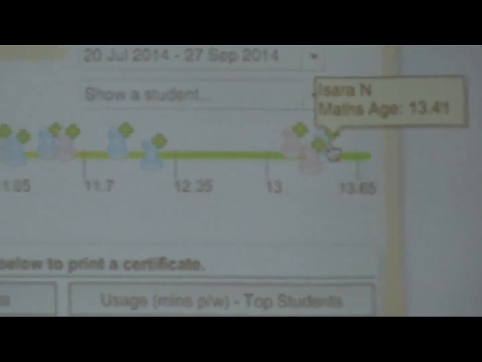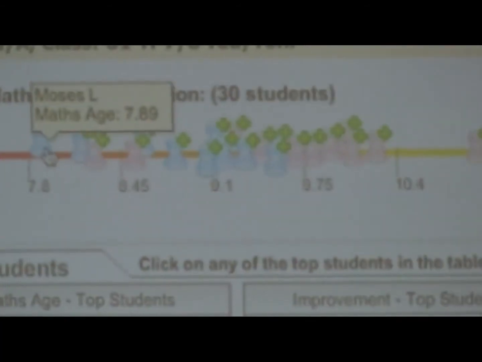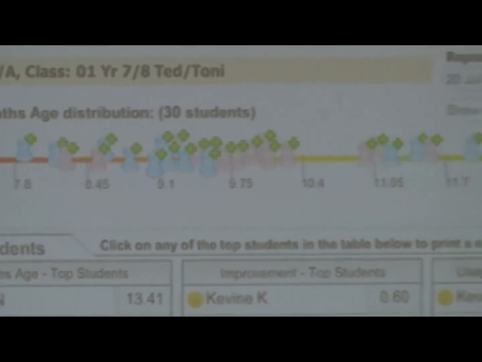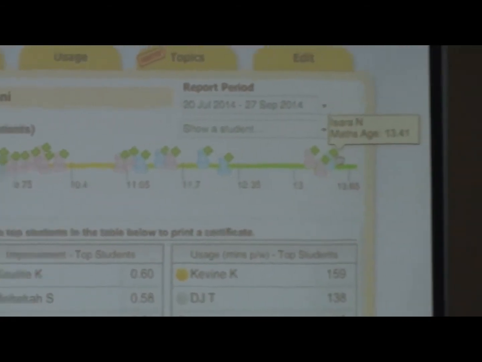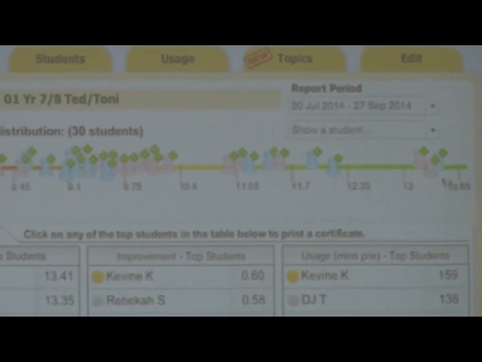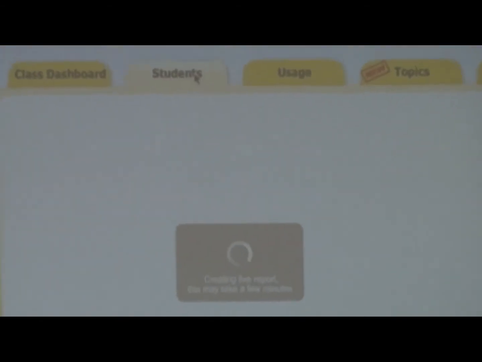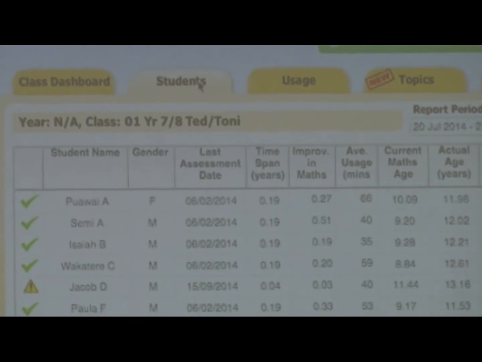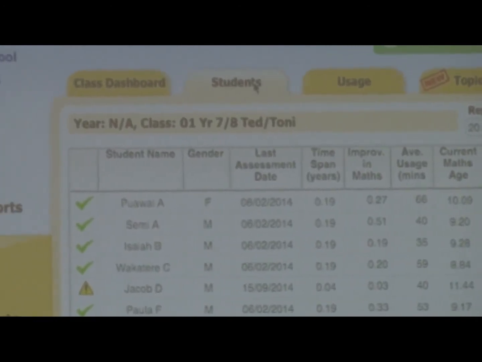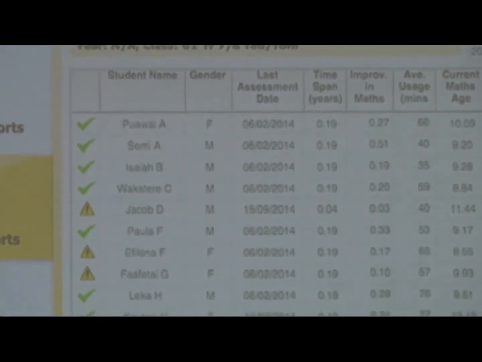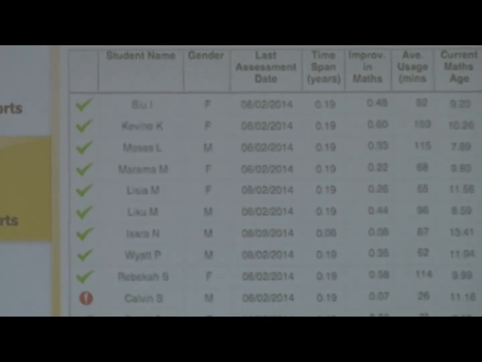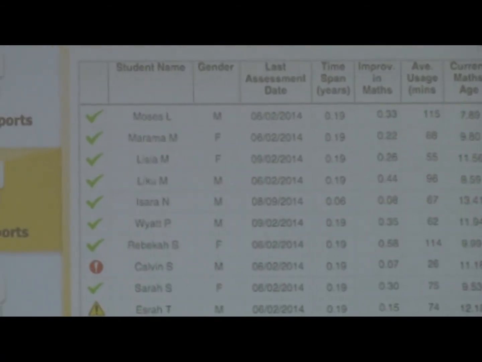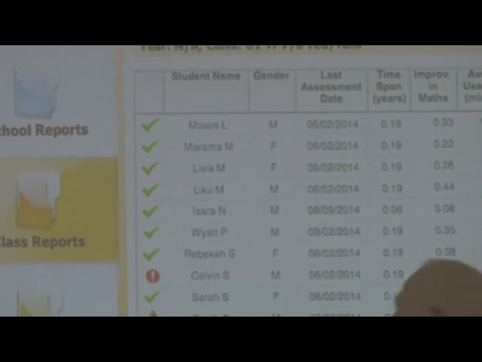All right? So the difference in their ages, he's almost 8, and he's 13 and a half. So there's a significant difference between them. If you look at their growth in math, like the improvement, again, the whole individualized aspect of it, they're right here.